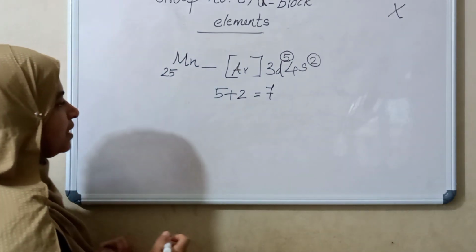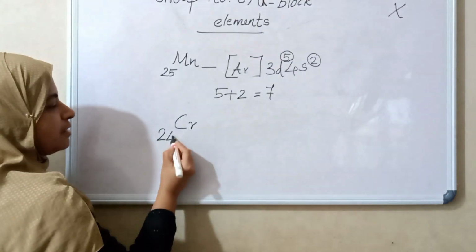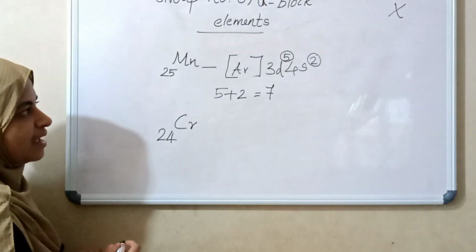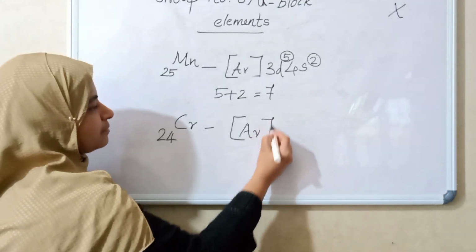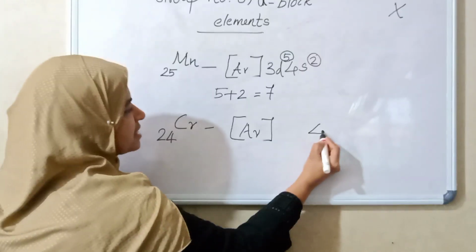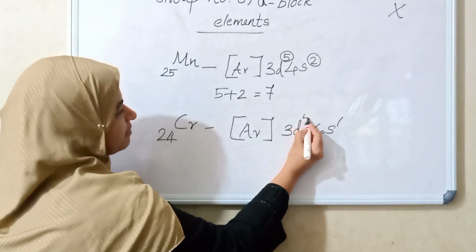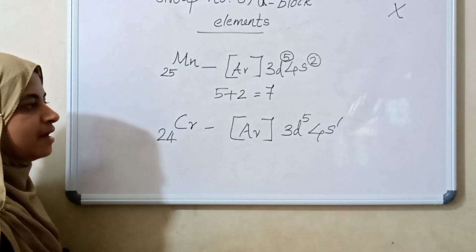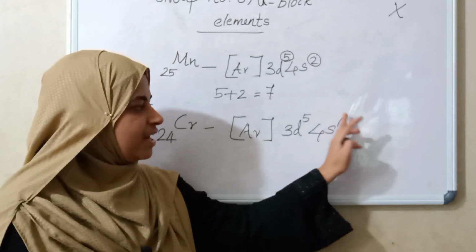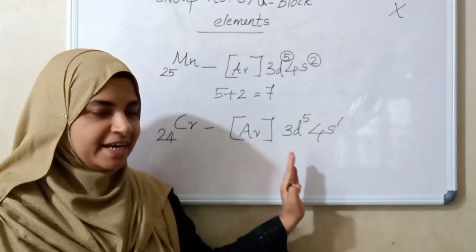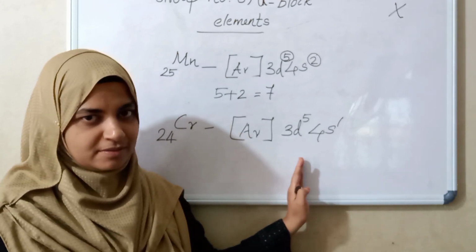Again another example, chromium, atomic number 24. Here argon 4s1 3d5. Here the outermost S subshell consists of 1 electron, and the preceding D subshell consists of 5 electrons.